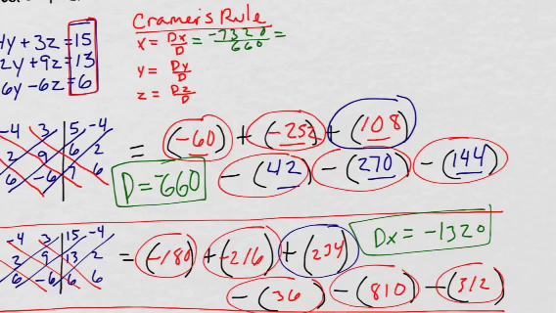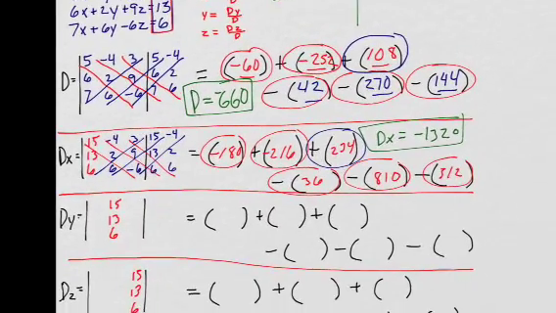And when I type that in my calculator, it's a negative divided by a negative, so I get a positive number, 2. So x equals 2. And now we need to figure out what y equals and z equals. We need to find dy and dz using the same method.